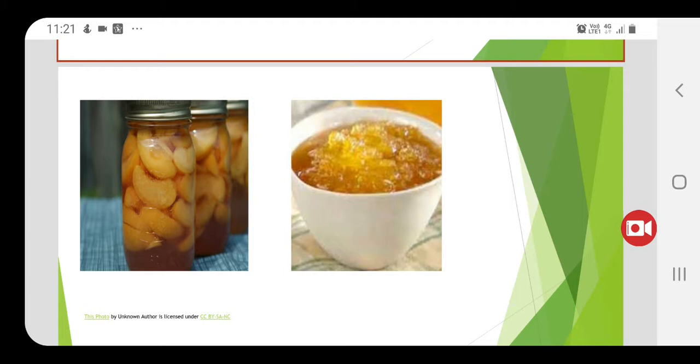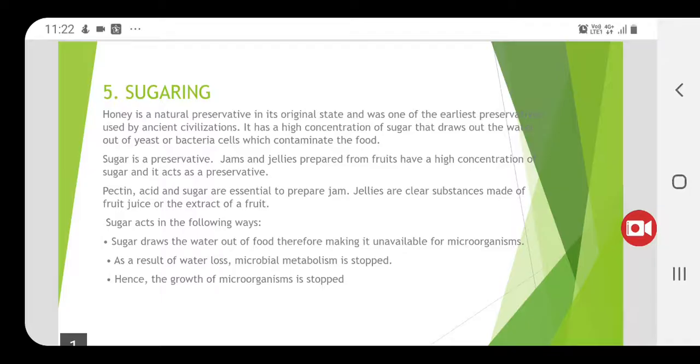If we simply grate a carrot and keep it, definitely the next day it will spoil. If we prepare a jelly-like thing, or jam-like thing, or halwa-like thing, we can preserve it for 2, 3, 4 days. Like that sugar acts.